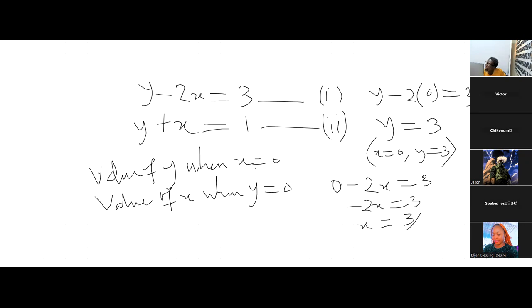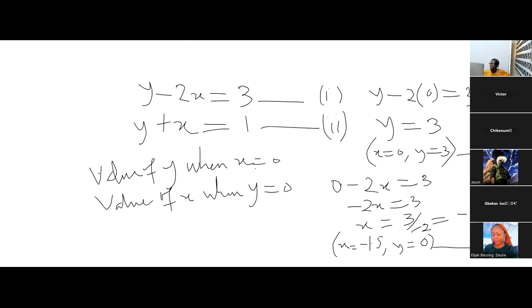Our result is minus 3 over 2. Therefore, when x is equal to minus 1.5, y will be equal to 0. So we now have two coordinates.